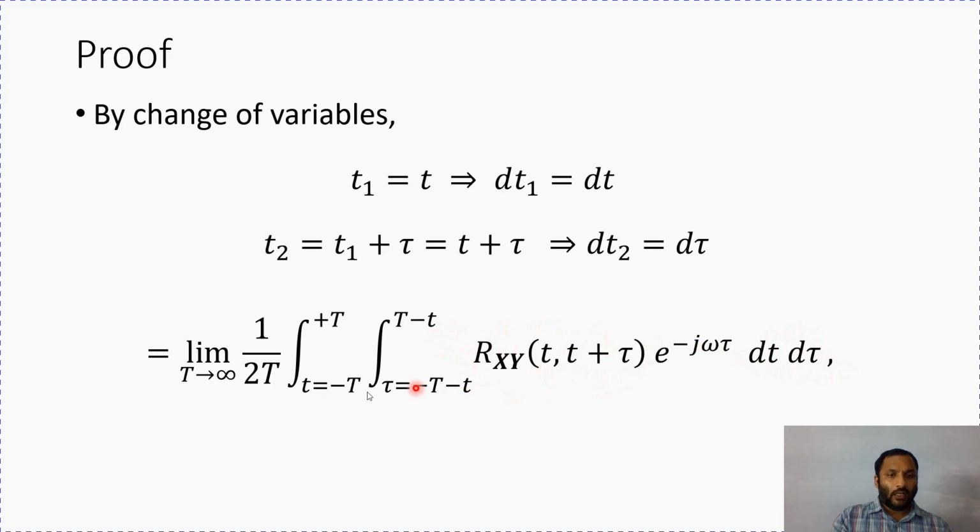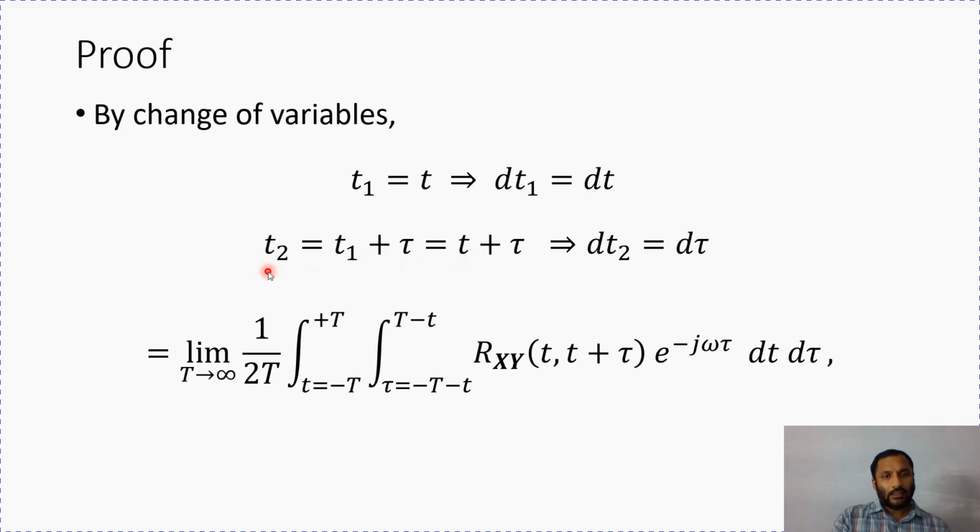Okay, now what happens to the integrals? As t goes from minus T to T, the value of tau takes values from minus T minus t to T minus t. In fact, we can substitute this: as small t is equal to minus T, what is the value taken by tau?